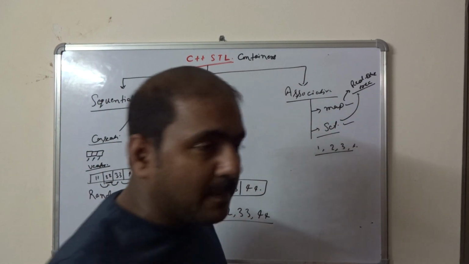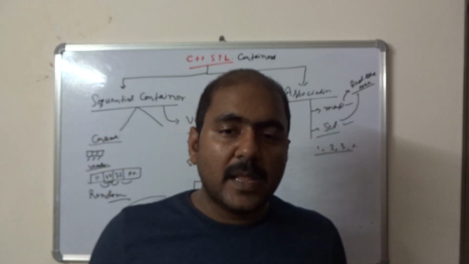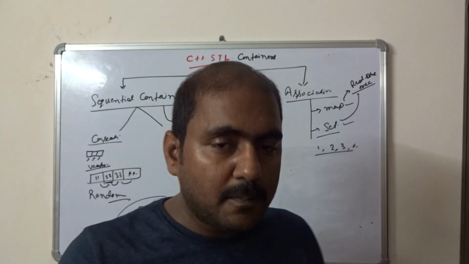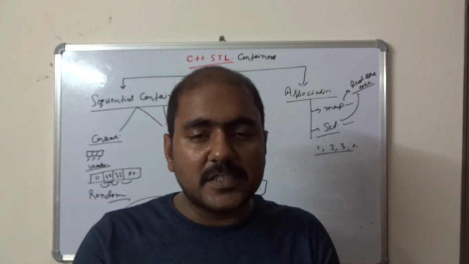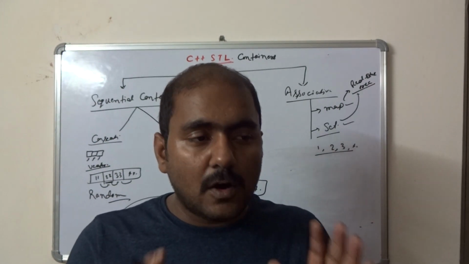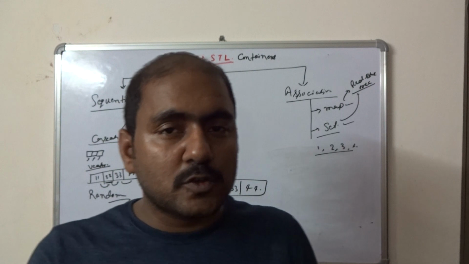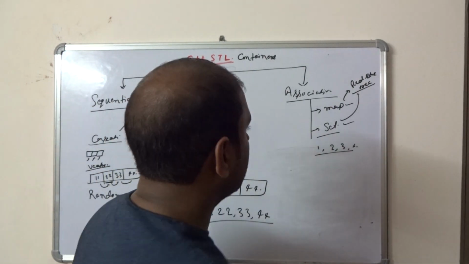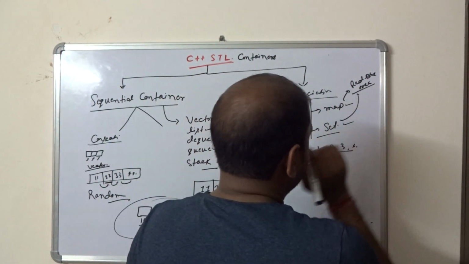Map and set are associative containers, and the properties of map and set are completely the same, except that map is based on the key-value concept and set is based on the value only. Both use the red black tree.